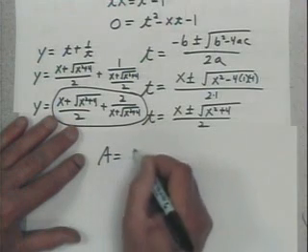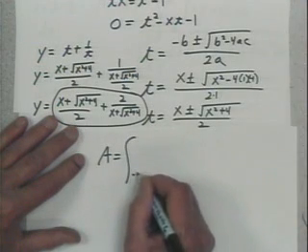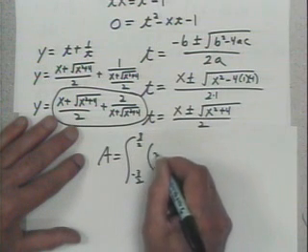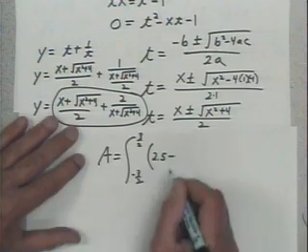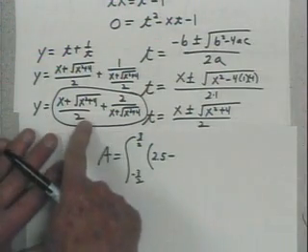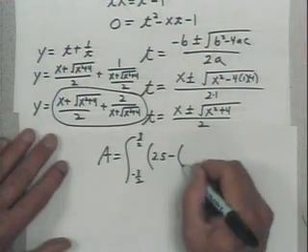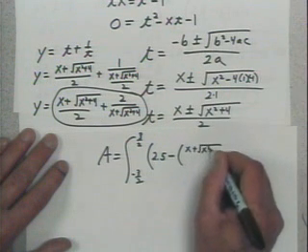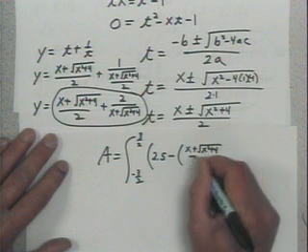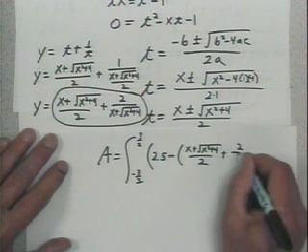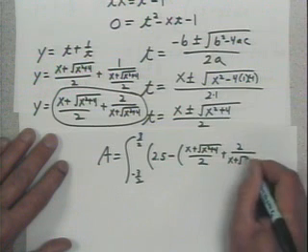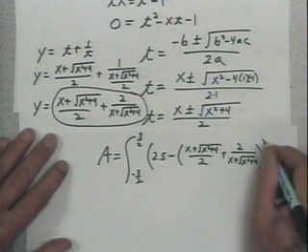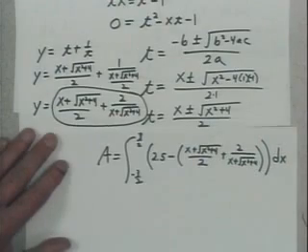The area should equal the integral from minus 3/2 to 3/2 of 2.5 minus what we found for y right here, which is x plus the square root of x squared plus 4 over 2 plus 2 over that same thing, and then dx.